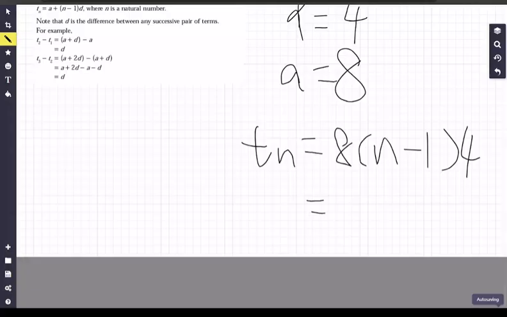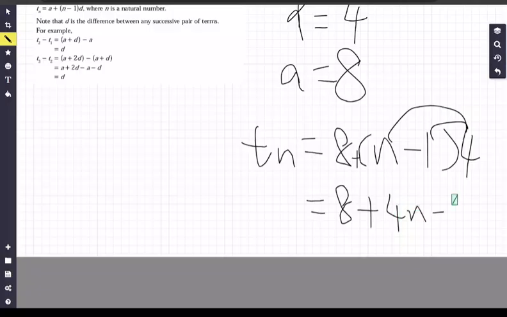So 8 plus, expand this, 4n minus 4. So essentially what we're going to have is 4n plus 4. And therefore, we have used our formula to find a formula to generalize this sequence.